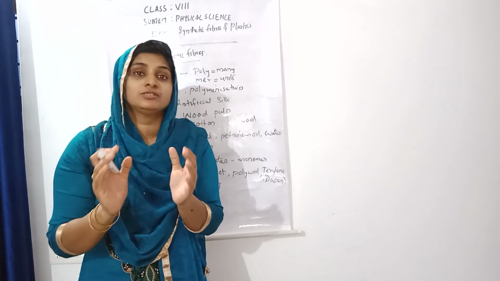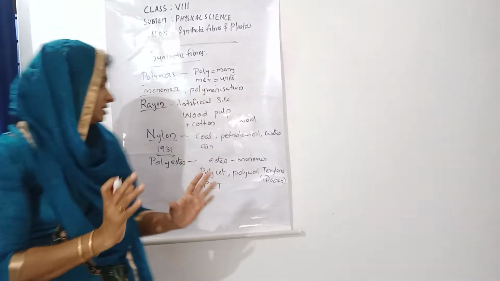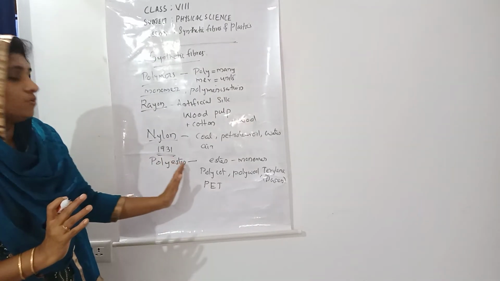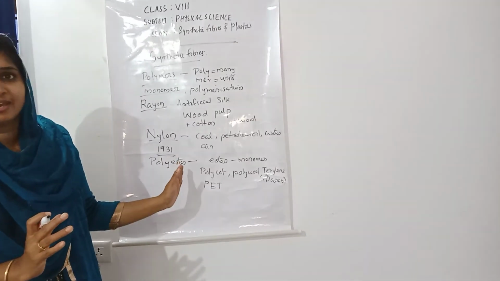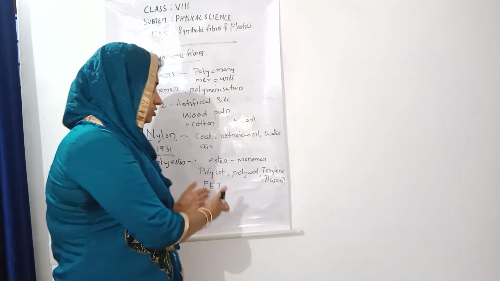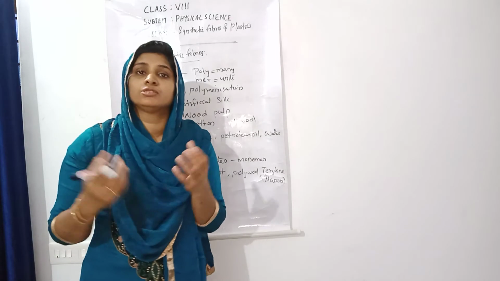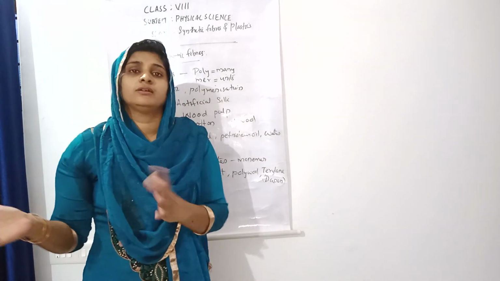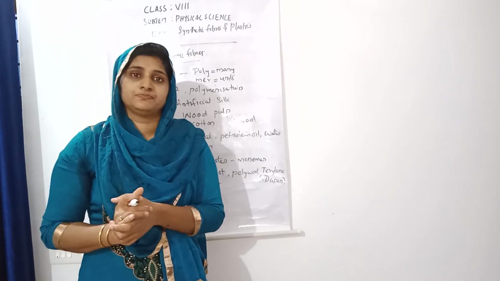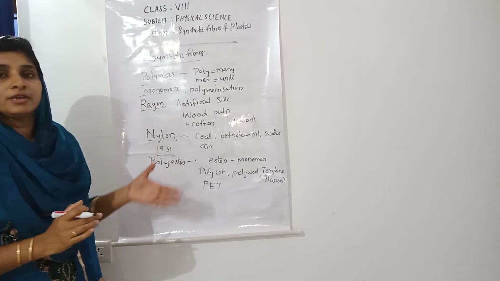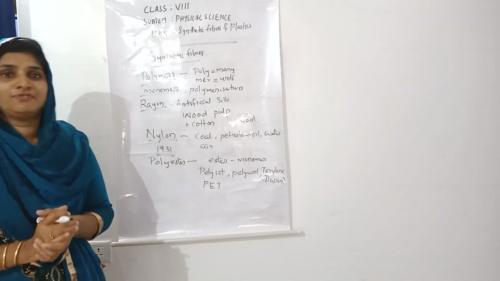That means it is not made of plain plastic. It is made of this PET, a polyester fiber. Okay, polyethylene terephthalate. This is used for making bottles, utensils, fabrics and many useful items. Okay, next we are going to see acrylic fibers.